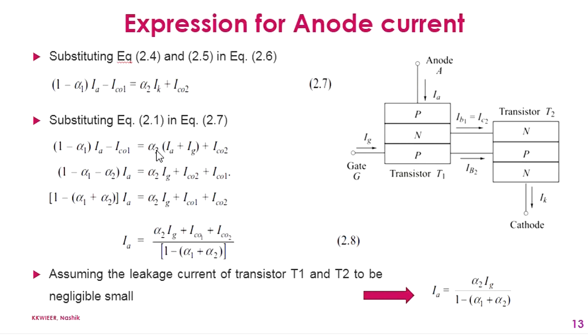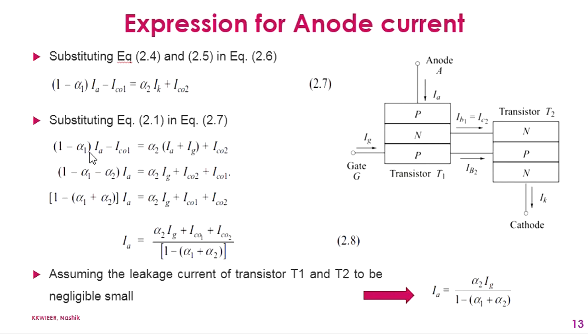Now simplifying, what we want is an expression for the anode current. So we will keep all the IA terms on the left hand side and the other terms on the right hand side. So alpha 2 IA will go to this side, and the ICO1 term will go to the other side.